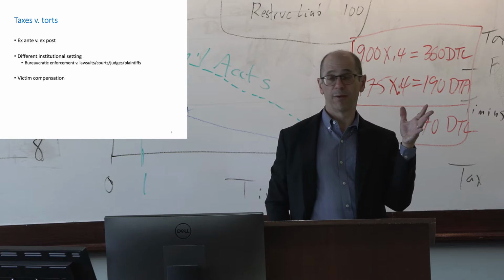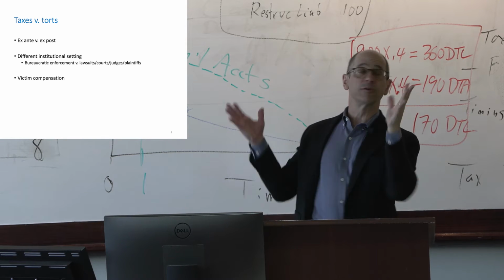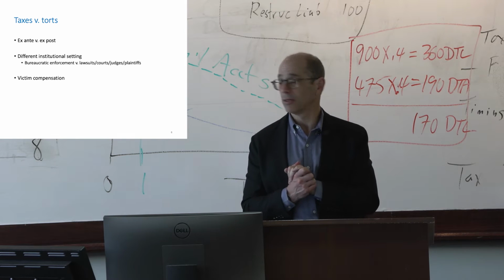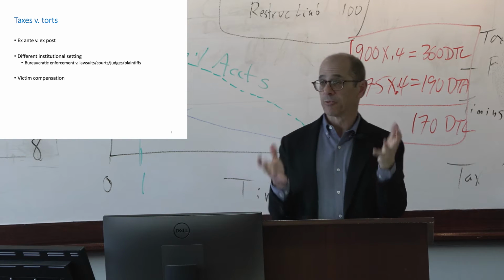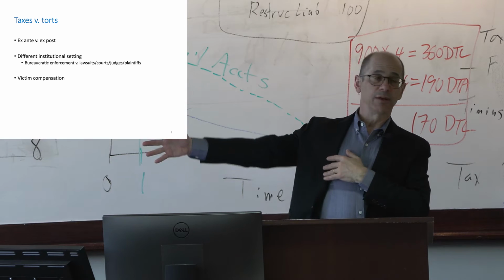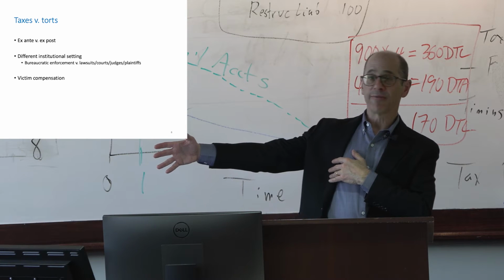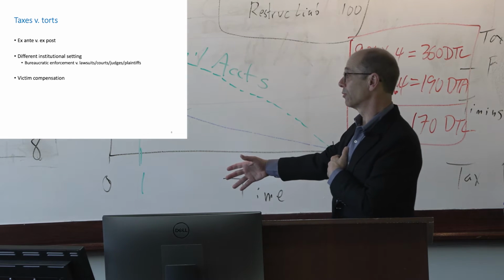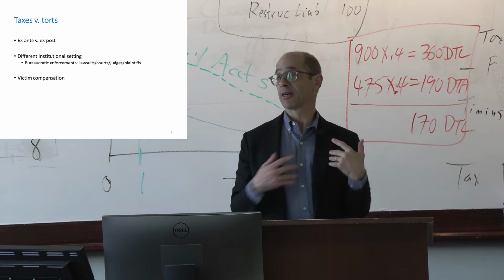If we're emitting CO2, and we're emitting CO2 right now because we have the lights on and the heat in the room, we would be paying a tax right now, even though the people that are going to be harmed might be alive 100 years from now. They haven't sued us yet, as they would in a tort, but we pay the tax now.